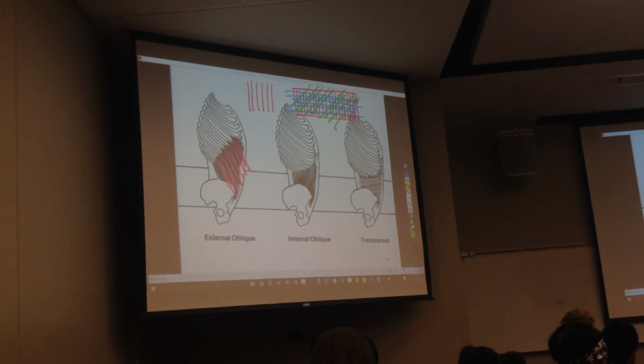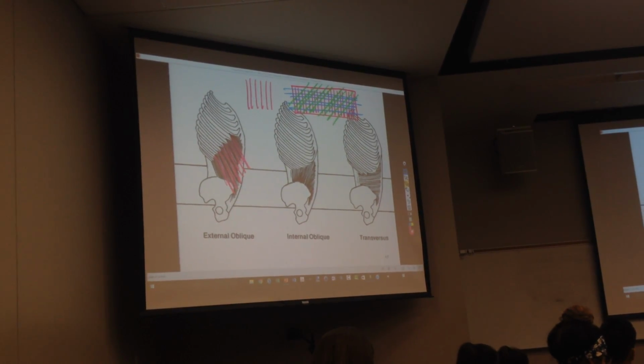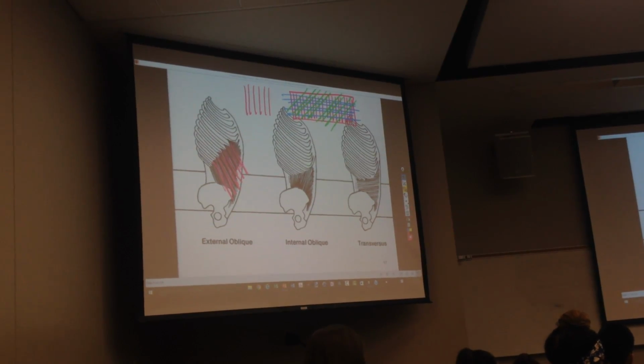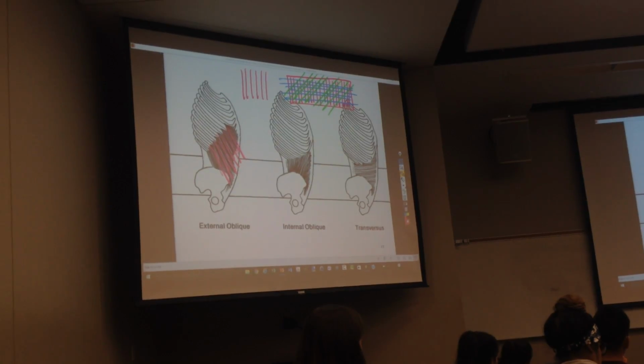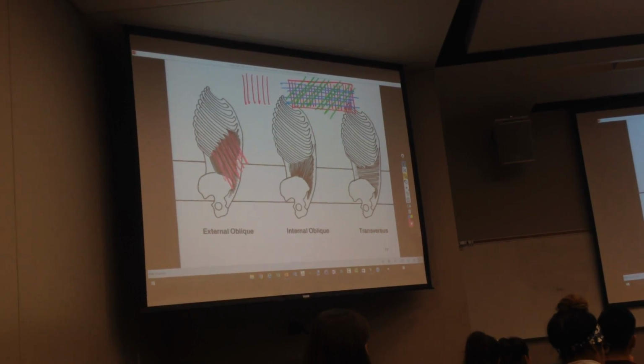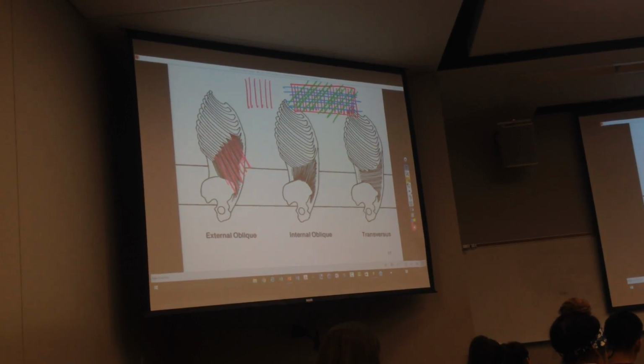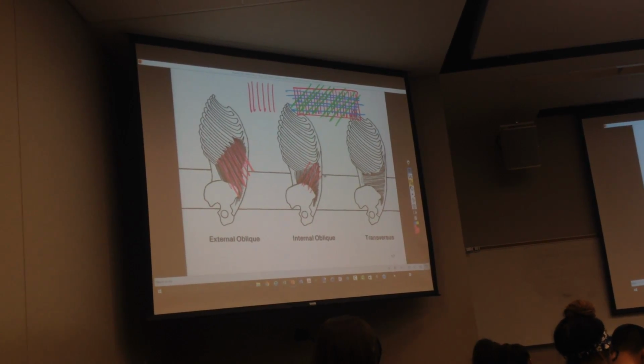So for the external abdominal oblique, we have fibers going in one direction, so hands in your pockets like this. And then if you just stick your thumbs out like that, that's the direction of your internal abdominal obliques. External abdominal oblique, internal abdominal oblique, perpendicular. So the internal abdominal oblique goes like this, perpendicular.